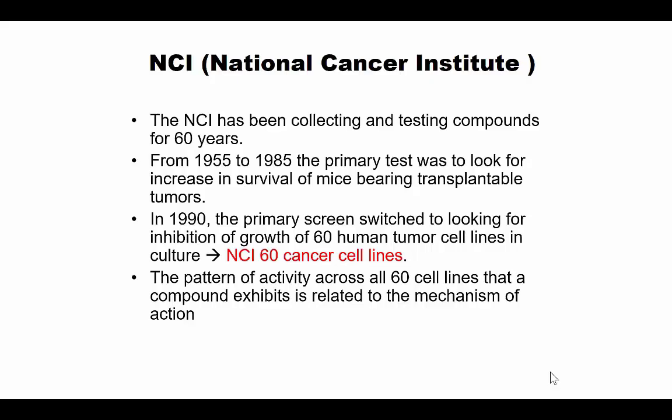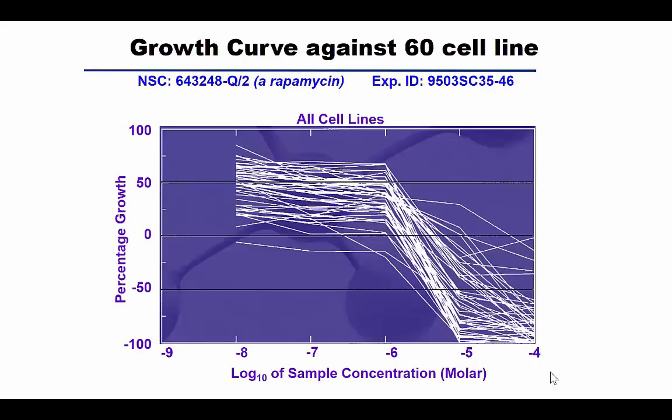Okay. Using that idea, let's say they measure only 3 data points. So this is the raw data they are generating. You can see here the survival curves of 60 different cancer cell lines. Here you can see molar concentration on a log scale.